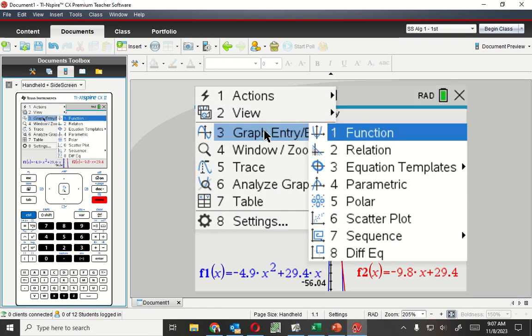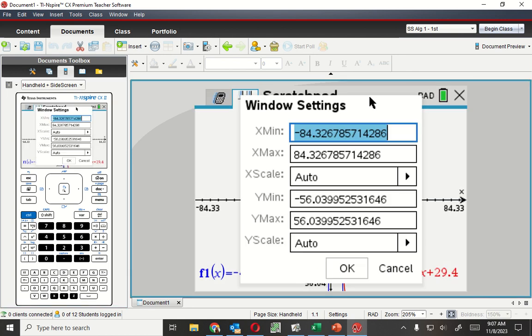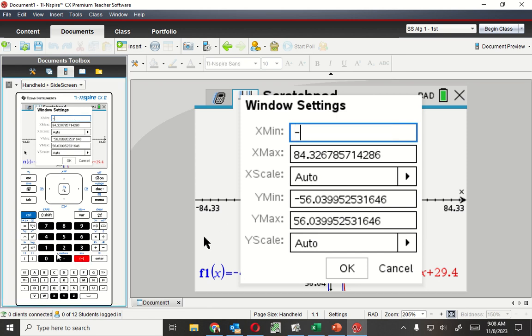Menu, window, window settings, and X. Let's only go negative 10. That's as far as I need to go. Positive 10. Y min.